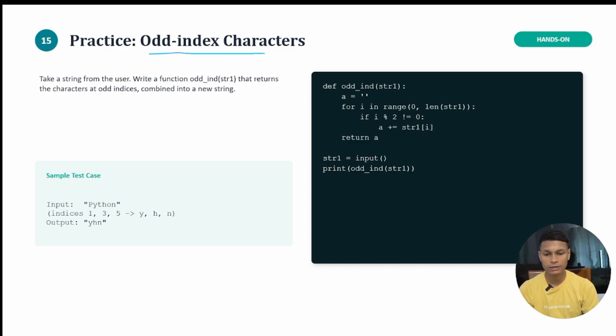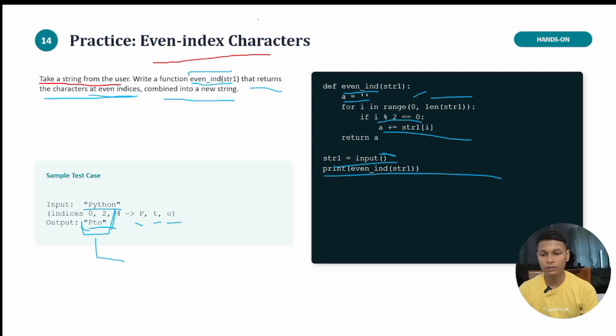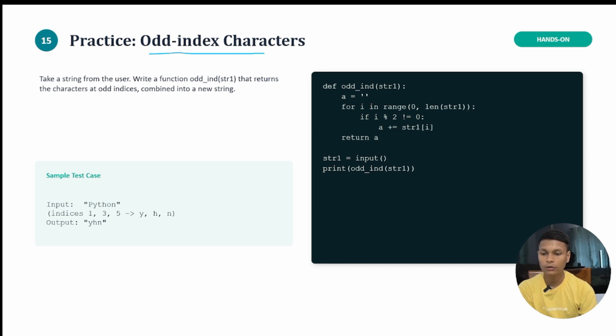Odd index characters: there we were printing even, we were going with even index, but here we are going with odd index. The question is similar. If you understood the previous one, you are able to solve this also. So do it from your own side, and if you're not able to write the code, let's see how we are going to write it.